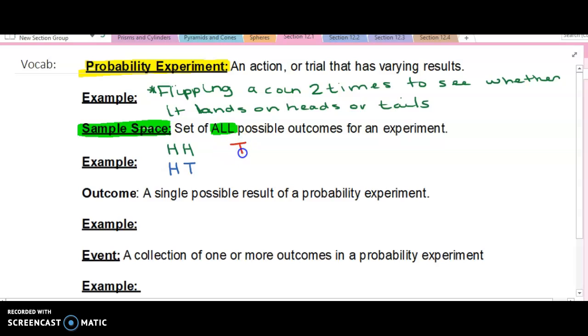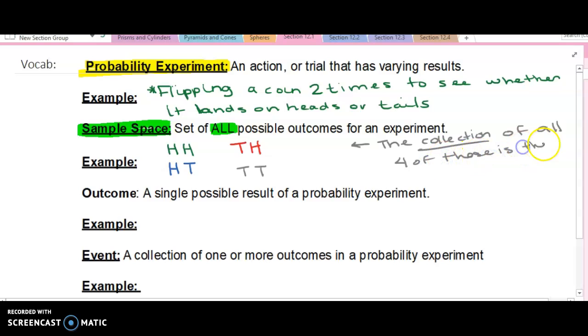Or it could land on tails the first time, heads the second time, or tails the first time and tails the second time. Okay, so the collection of all 4 of these is the sample space. Okay, it's the sample space for this probability experiment.